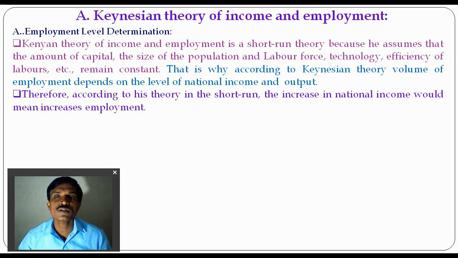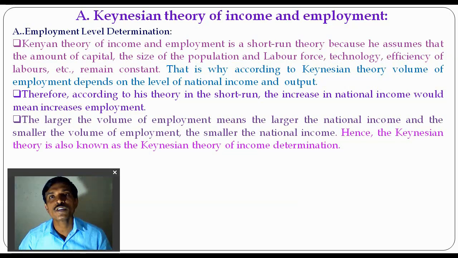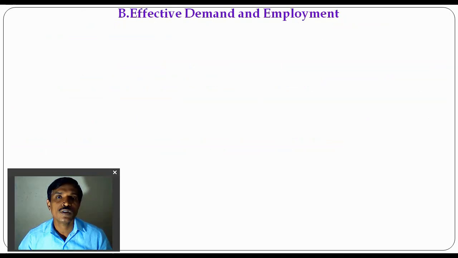In the short term, an increase in national income would increase employment. So a larger volume of employment means larger national income, and less employment means less national income. So Keynes's theory is also known as the Keynesian theory of income determination.